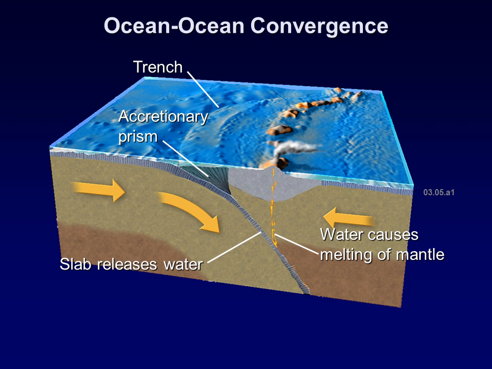So in the case of a subduction zone, when water is driven off of that subducting slab, that's really what begins the melting process. Once that melting starts, we're forming magma. The magma is working its way up to the surface, forming volcanoes, and you get eruptions that form a volcanic island arc.